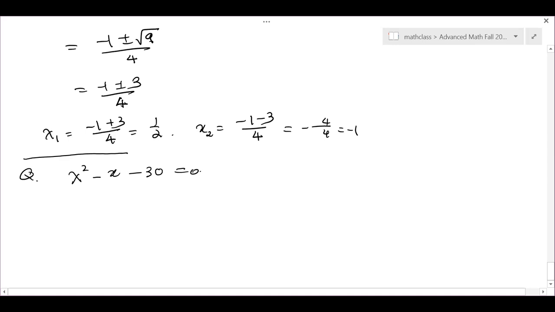Okay, so far we learned two different methods. One is completing the square, where you get two solutions, or you use the quadratic formula. But actually, we derived the quadratic formula using the completing the square method.